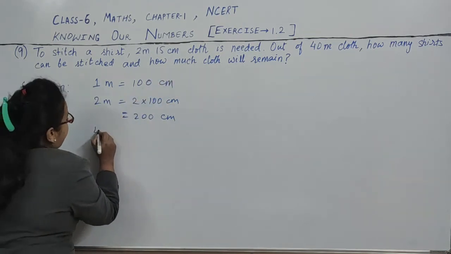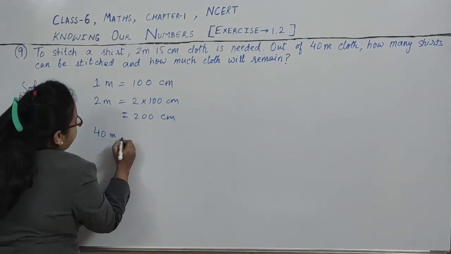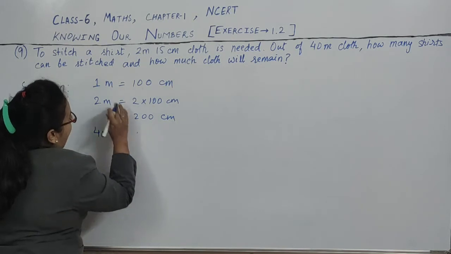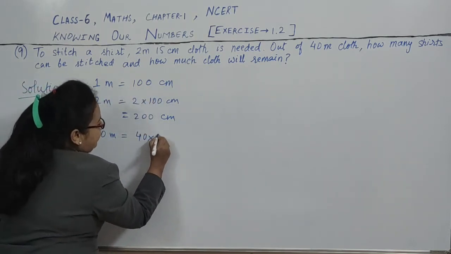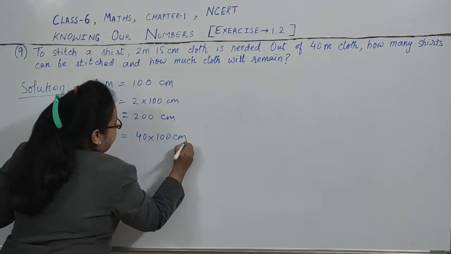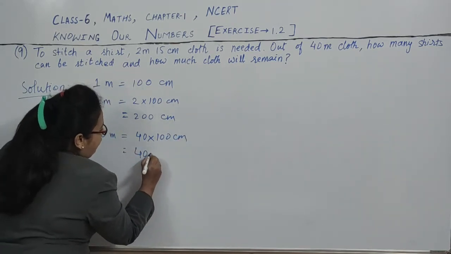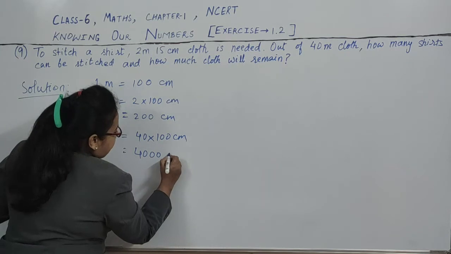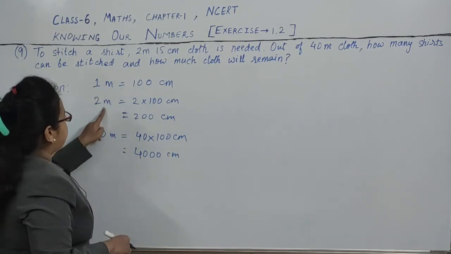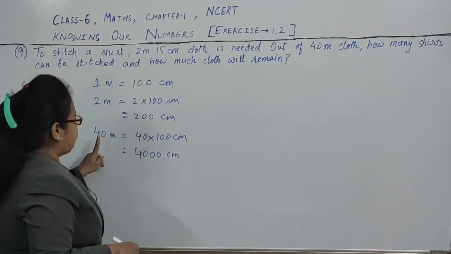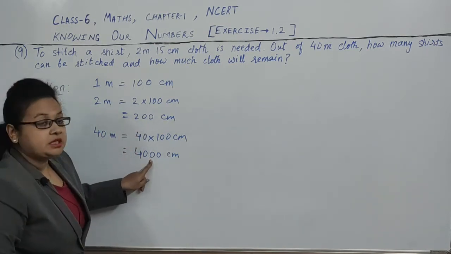Now 40 meter we have. 1 meter is 100 centimeters, so 40 meters will be 40 into 100 centimeter. That will give 4000 centimeter. So 2 meter is equal to 200 centimeter and 40 meter is equal to 4000 centimeter.